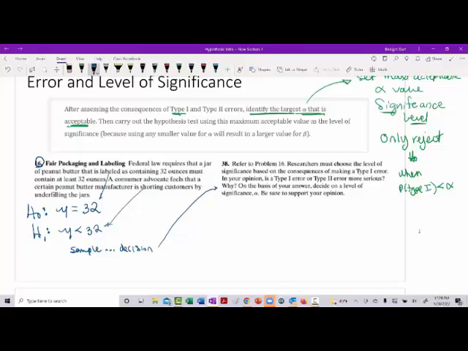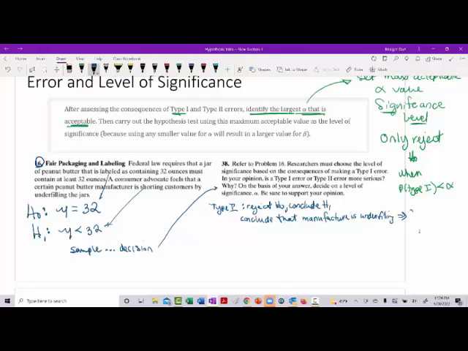So a type 1 error occurs when we reject the null hypothesis and conclude for H1. In this scenario, that would mean that we conclude that the manufacturer is underfilling, right?